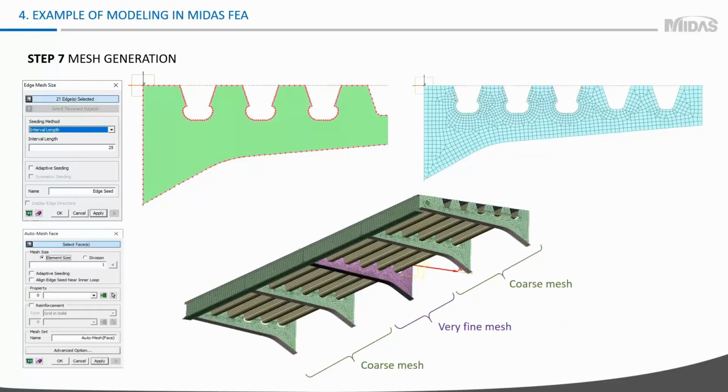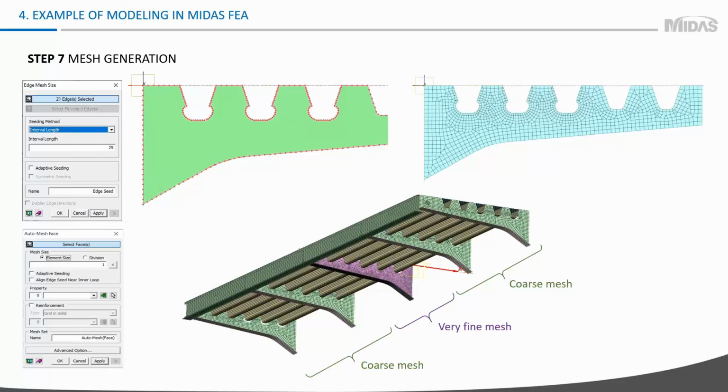Once the geometry model is done, you are working with a mesh. Here is one important rule: you generate a very fine mesh only in those parts where it is necessary for detailed investigation. Other parts might have a relatively coarse mesh size. At zones of interest, the mesh size should be not more than 50 or 20 millimeters.